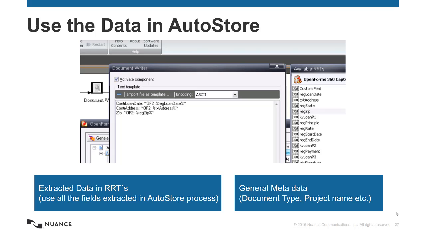For example, the document type that the document was classified against will come back, the project name, the batch ID, the date and time of when the document was processed. All this information can be used as standard within AutoStore to allow AutoStore to make decisions, to run processes, and to feed the data into backend systems.